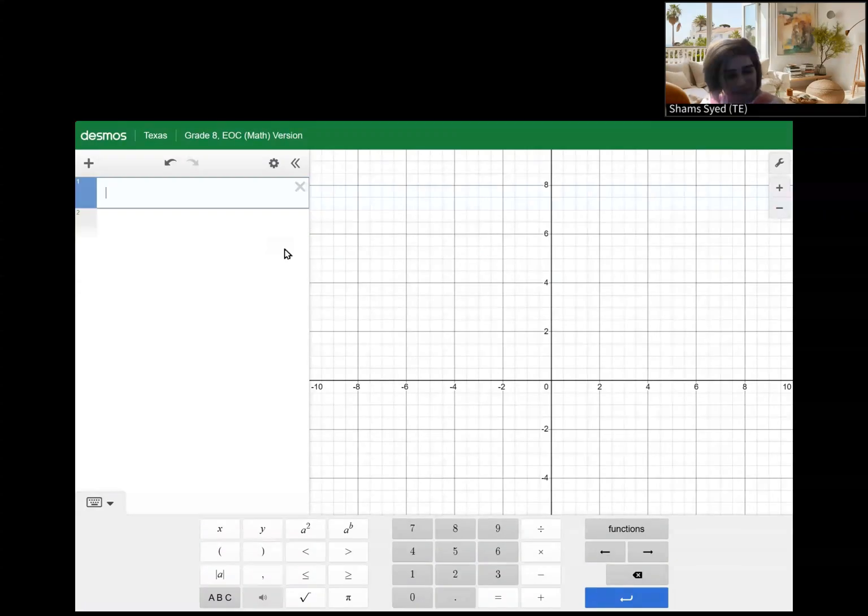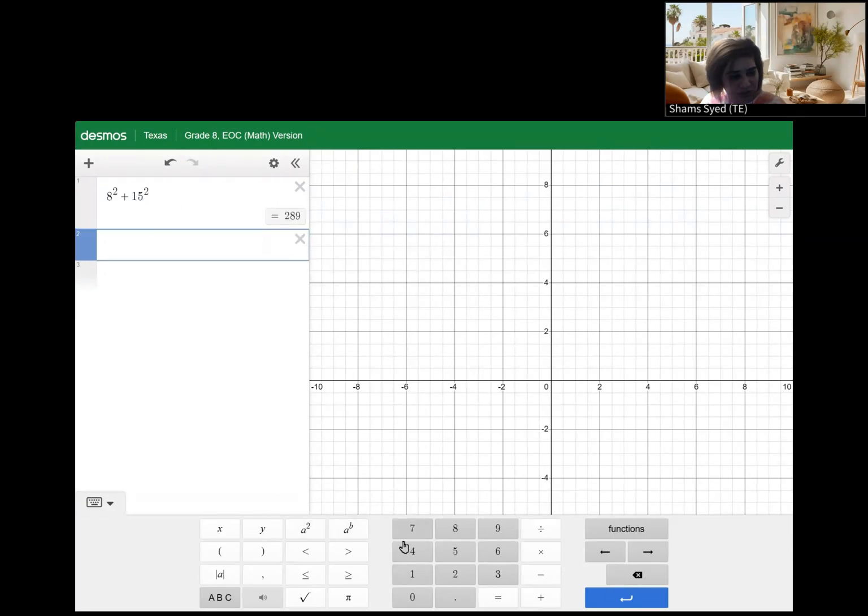Let's try B. Answer choice B, the two shorter sides are 8 and 15, so 8 squared plus 15 squared. Is that equal to 17 squared, the longest side? Yes. 8, 15, and 17 are creating a right triangle.